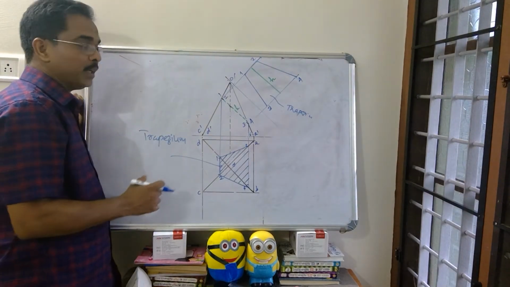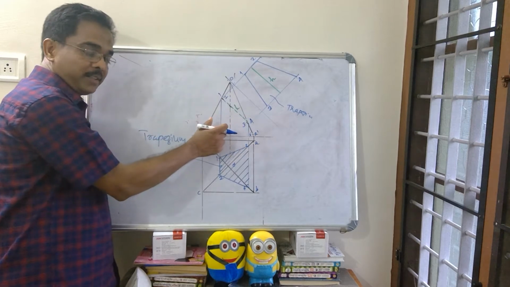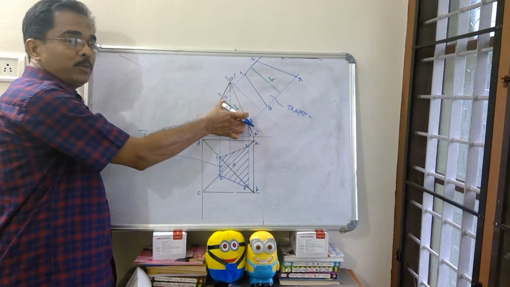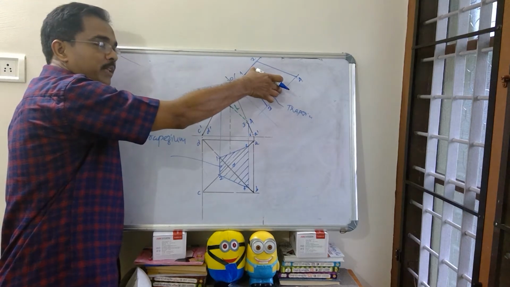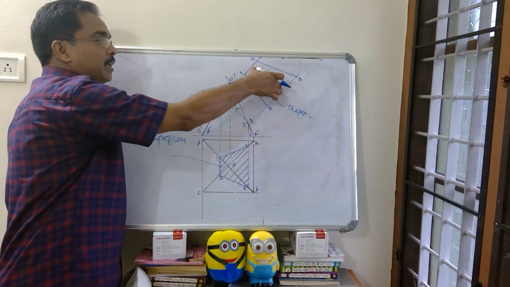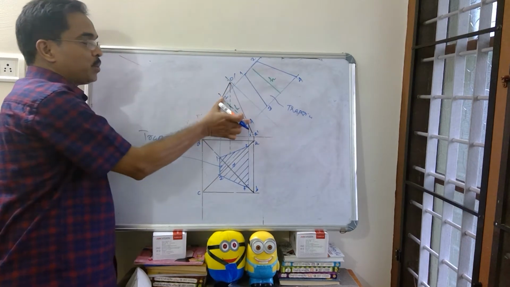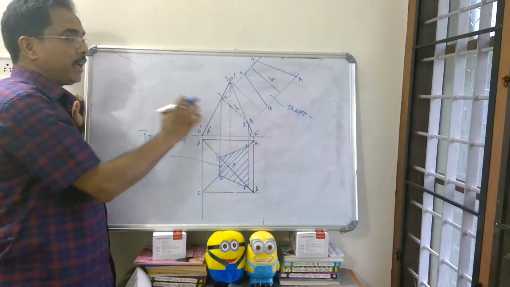What will I do? If you cut the front view of the solid, the width of the cutting plane will be equal to the height, or width, of the true shape. Here you can see that the height of the trapezium is exactly equal to the width of the cutting plane in the front view.